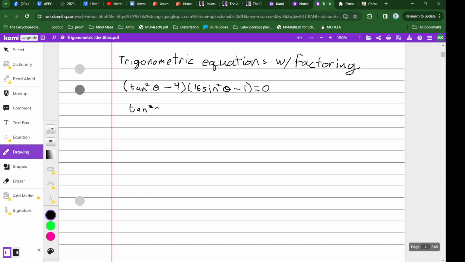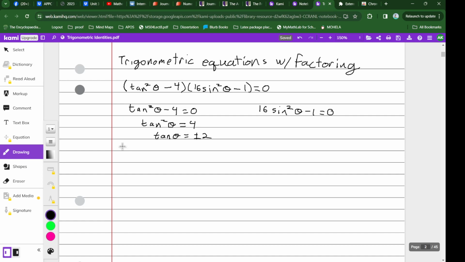tan squared theta minus 4 equals 0, or 16 sine squared theta minus 1 equals 0. If tan squared theta minus 4 equals 0, that means that tan squared theta equals 4. Then I can take the square root of both sides, and that tells me that the tangent of theta equals plus or minus 2, because the square root of 4 can be positive or negative.